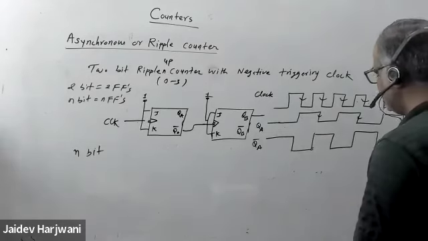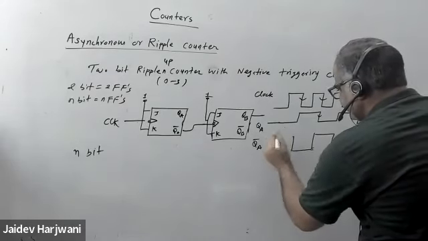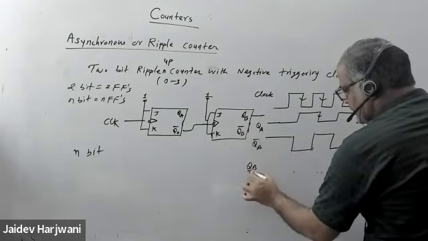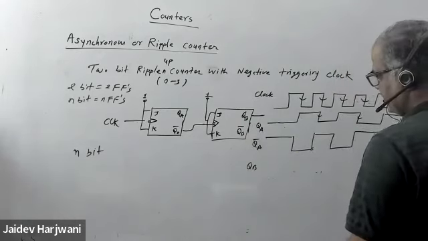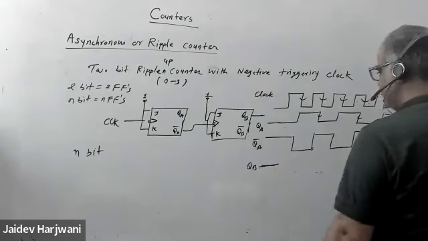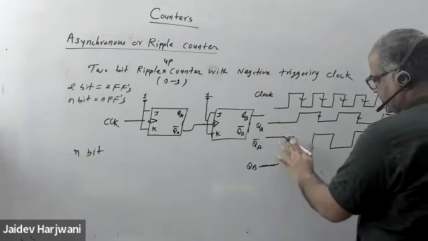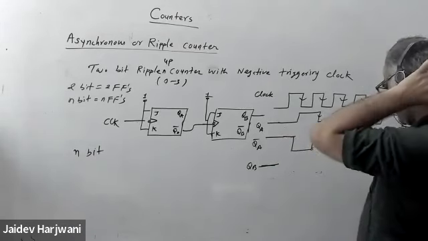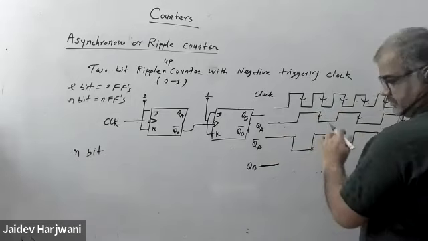Okay. Now what will happen? I want this QB. So suppose we start QB with 0. Now this will be a negative triggering clock. So just give me 1 minute.